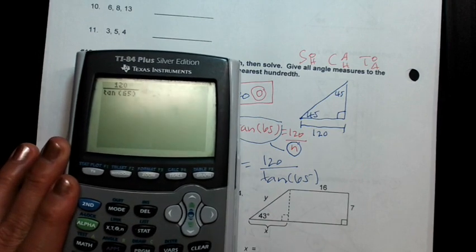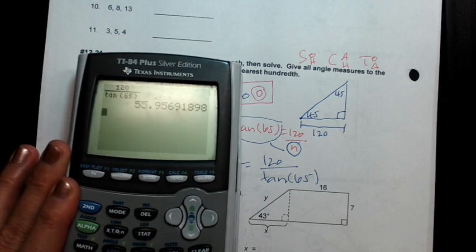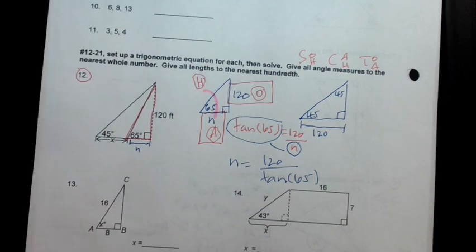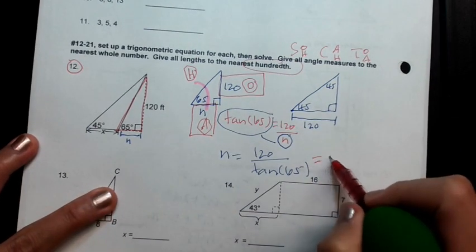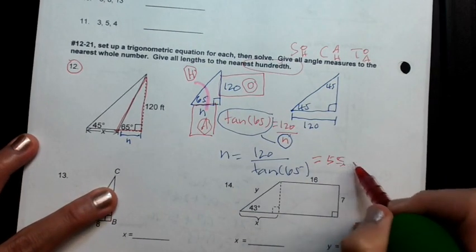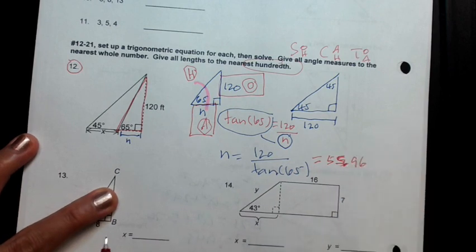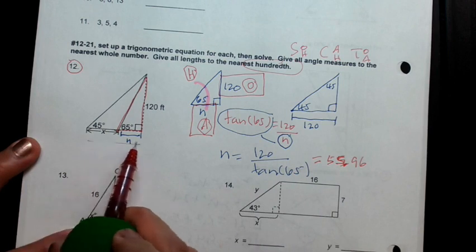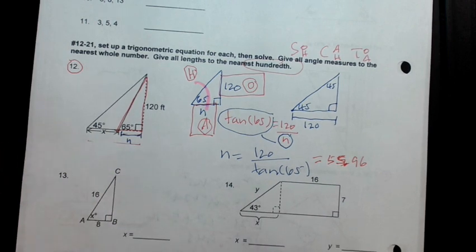And the number should not be extremely small or extremely big. 55-ish. So we know our n is equal to 55.96. Could I now take 120 minus the n and get the x? Are we good? Okay, I'm not going to go any further on that one.